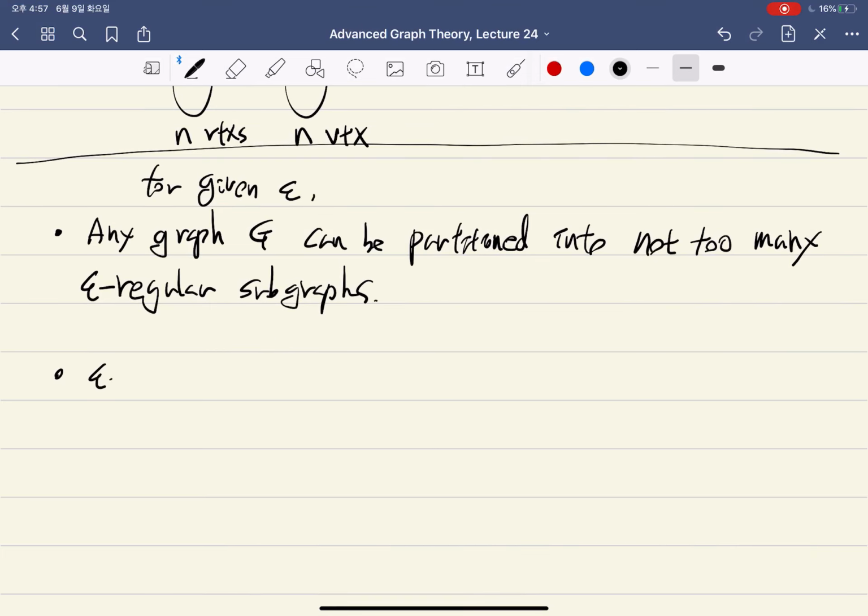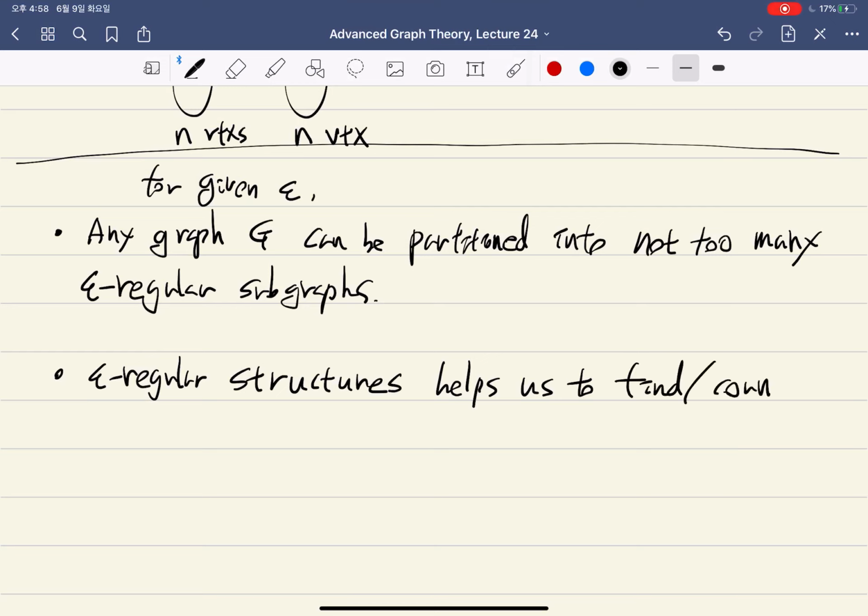And if you have an epsilon regular structure, whatever that means, we will see later, it helps us to find or even count the number of specific subgraphs.